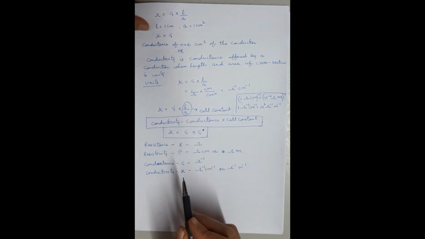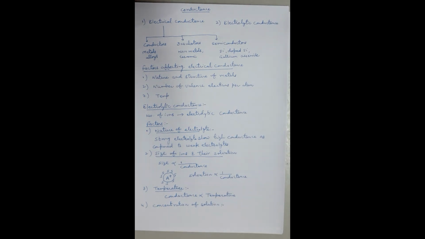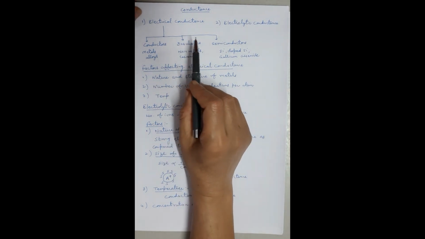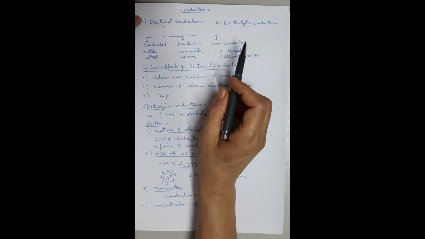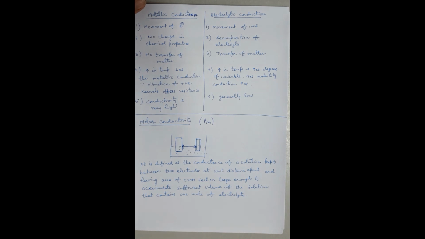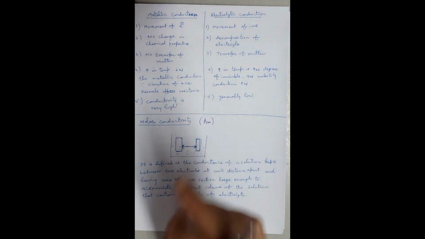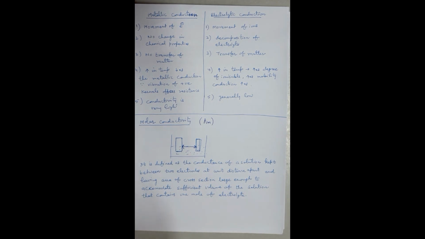These are some important quantities and their units. Conductance is of two types, electrical and electrolytic, and there are factors which affect them, but in detail we'll discuss only electrolytic conductance. But before that, you should know the difference between metallic and electrolytic conductance.